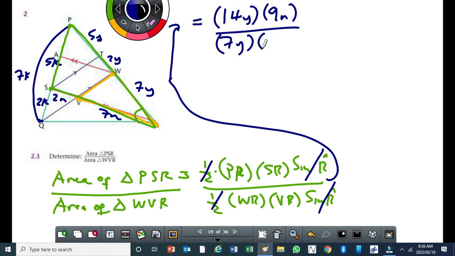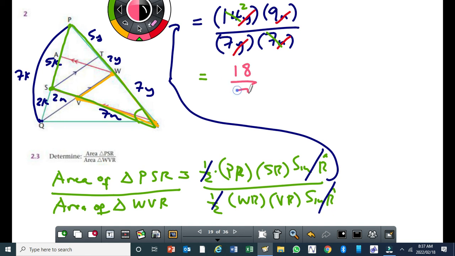And then VR is 7n. Are you following? Right? Now, this becomes interesting. I'm sure you can say this cancels with that, cancels with that. Right? Then 7 into 14, that's a 2. Our final answer, let me write it in red, is going to be 18 over 7. That will be our final answer.